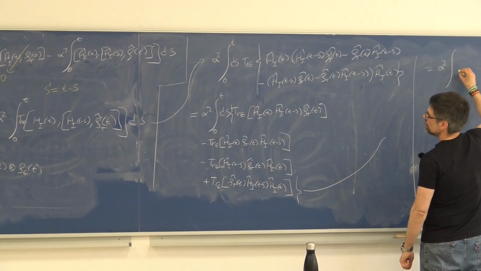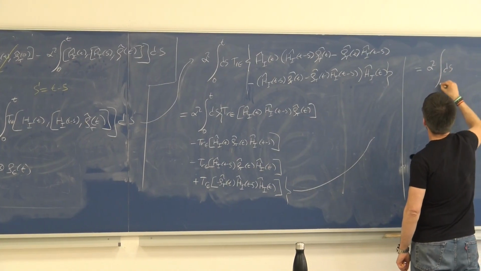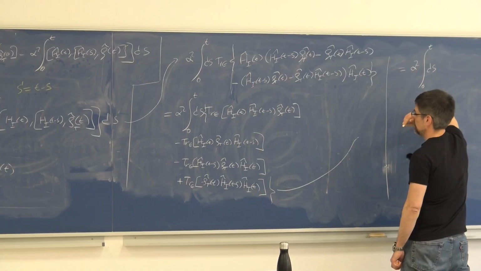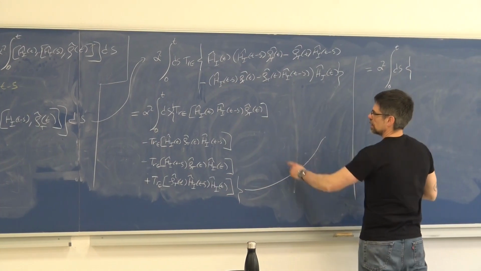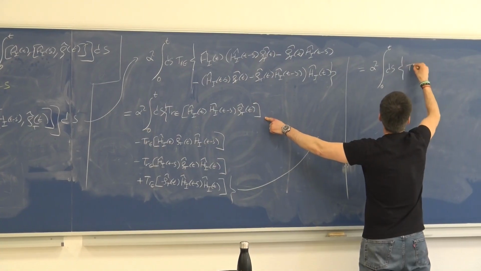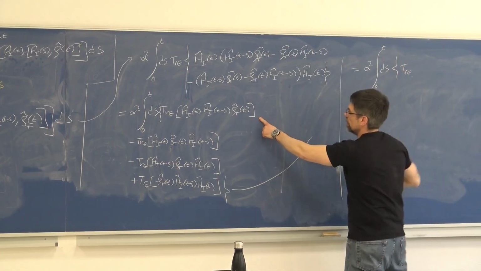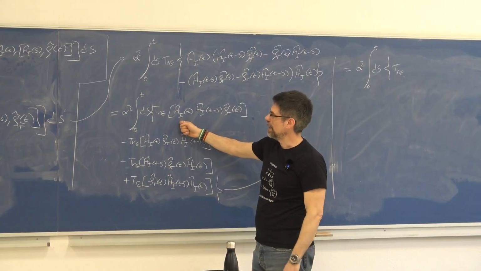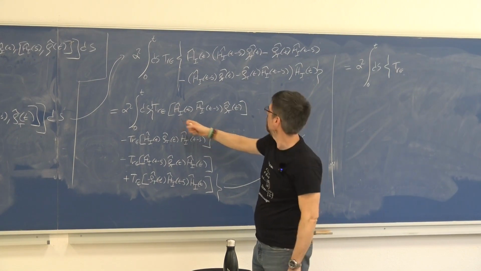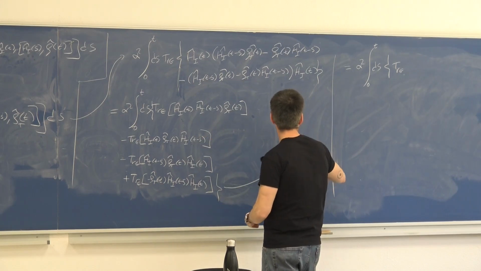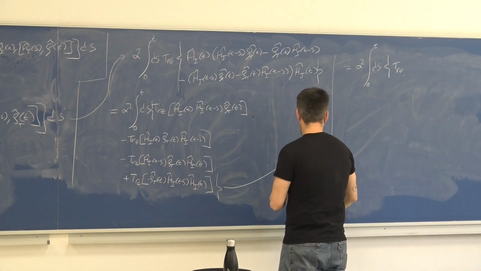Alpha squared, differential of s between 0 and t. Open this, and then we start with this guy here. Trace over E, and when we expand the H_I, let's write it here.